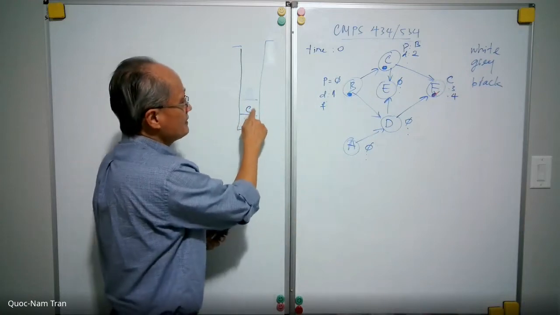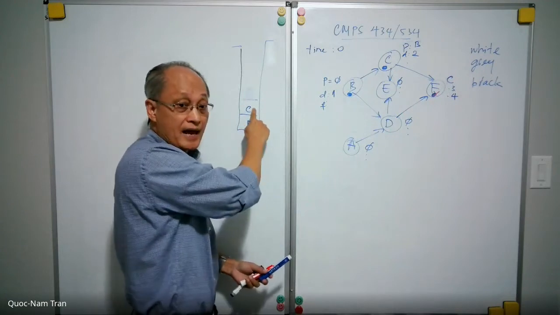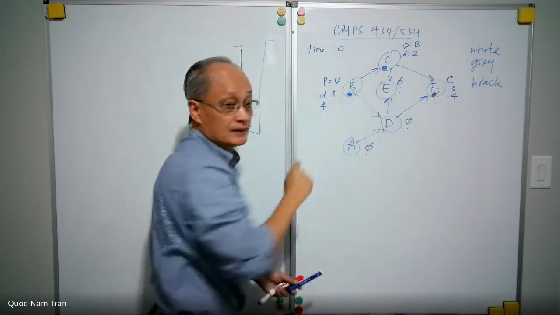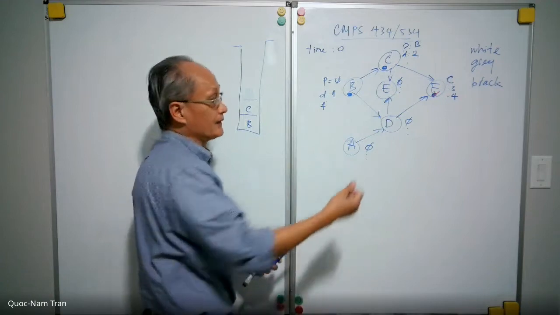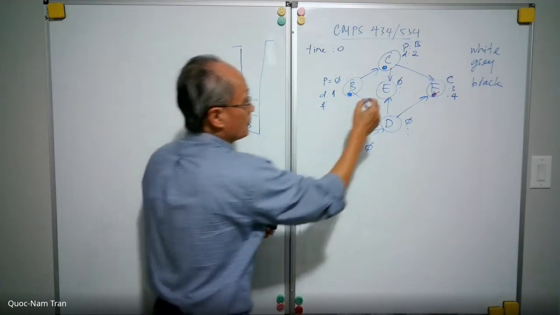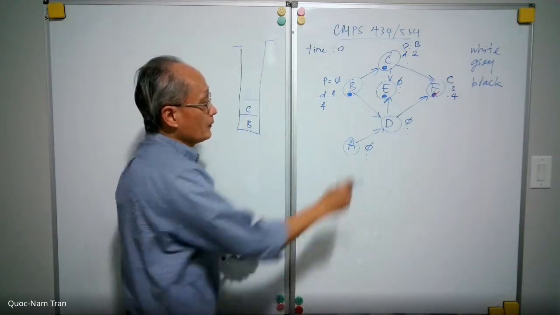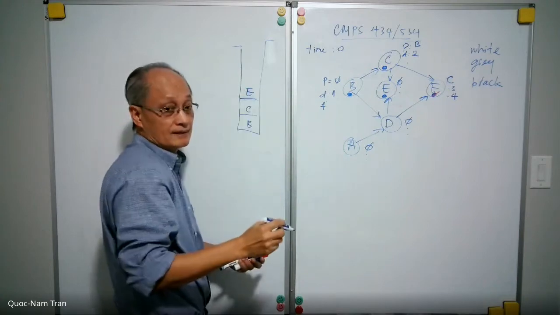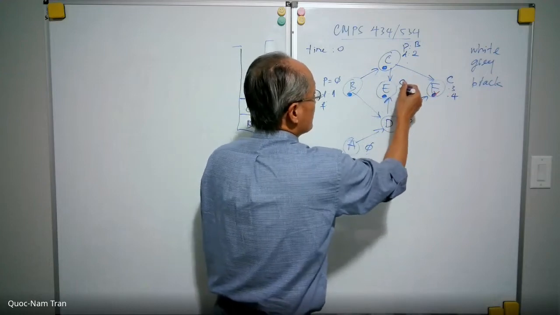Now, when C is here on the stack, the color of C has to be gray. We look for other adjacent nodes that are white, right? So this one, E, is white. We discover it, and when we discover it, we push it here on top of C, change the parent to C, and change the discovery time.